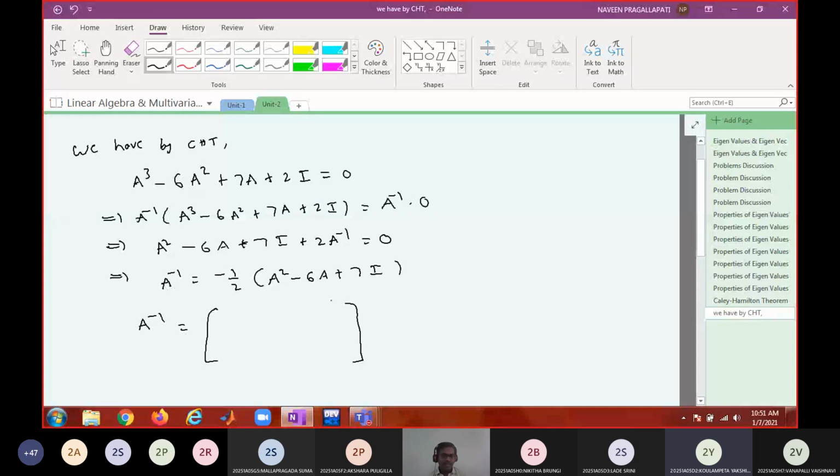Correct. 0, 2, -1, 1 by 2, 1 by 2, 2, 0, 5 by 2. Can you tell me the second row? -1, 1 by 2, 1 by 2. Correct. Third row? 2, 0, 5 by 2. Correct.